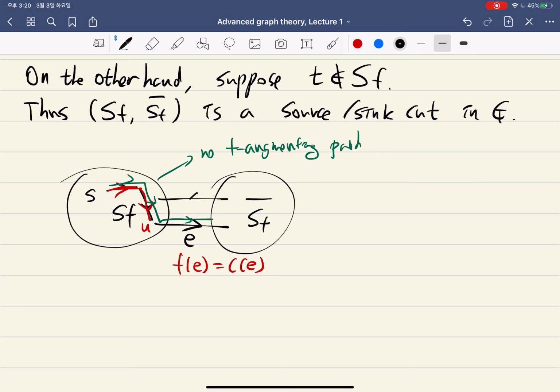And for the edges which are oriented from the complement of S_F to S_F, again by the same logic, we have this F augmenting path, but once we add this, it is no longer an F augmenting path. That means f(E') is 0.